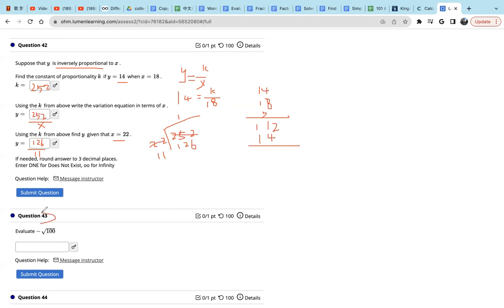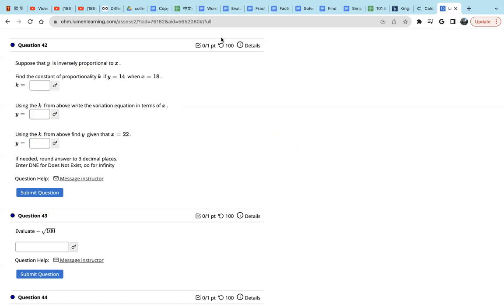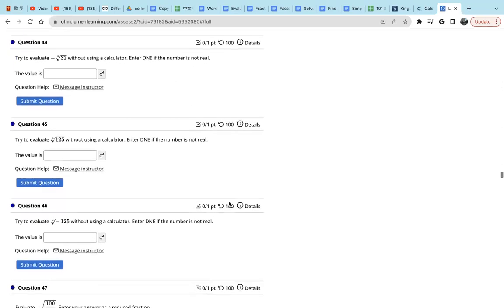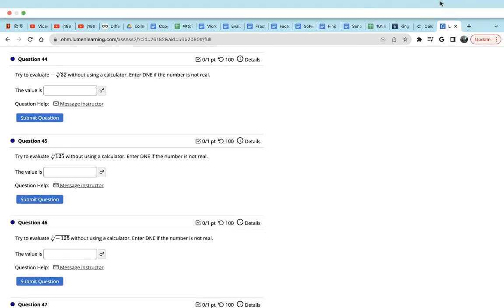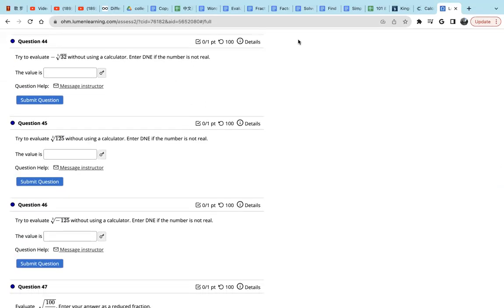Let's see, 43. Negative square root 100. And we know square root 100 is 10. So that's just negative 10. Here we have negative fifth root of 32.